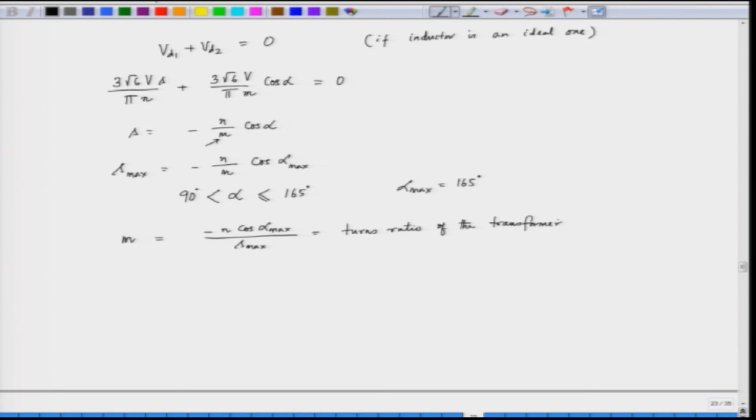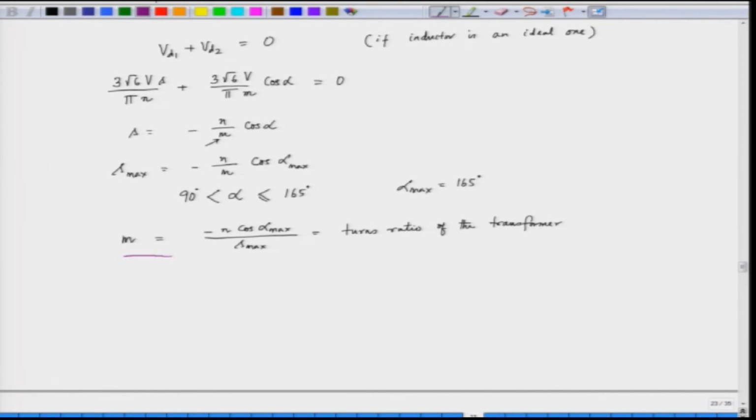So, if we want to design a transformer and find out its turns ratio for a given value of S max, the slip, and a given value of alpha max, we can use this formula to arrive at the turns ratio of the transformer.